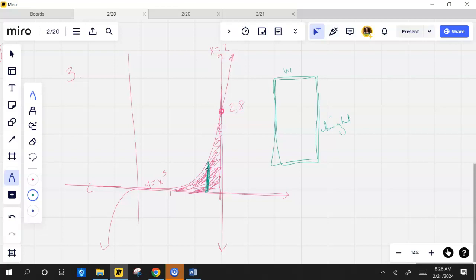So height is 2w, but still I've got to be in terms of my cross section. So this is my cross section, yes? So I'm going to call that the width here. The width of the rectangle always sits on the cross section because it's coming up from the base.